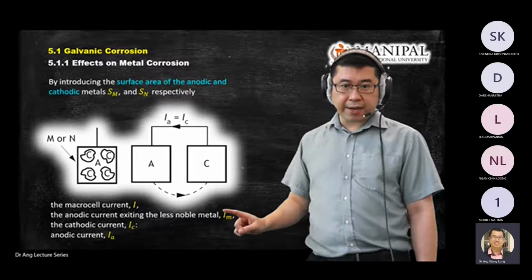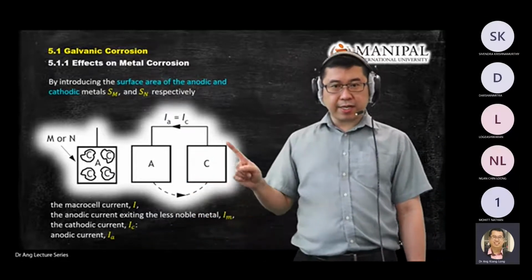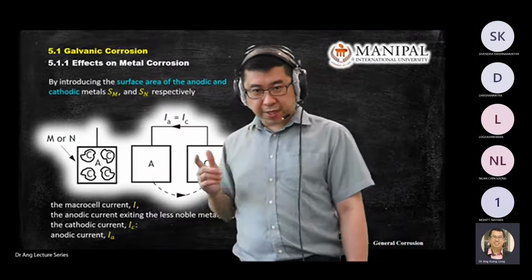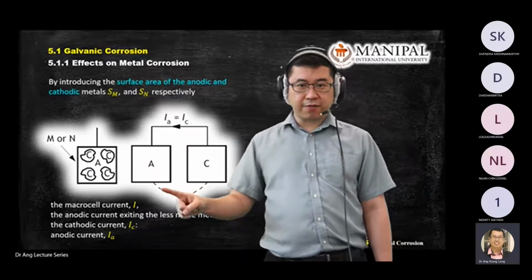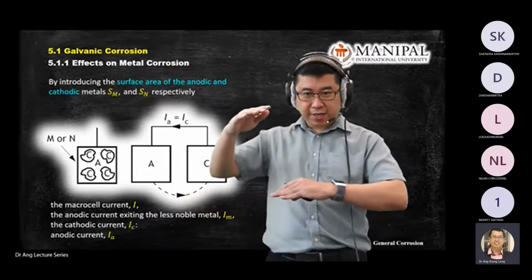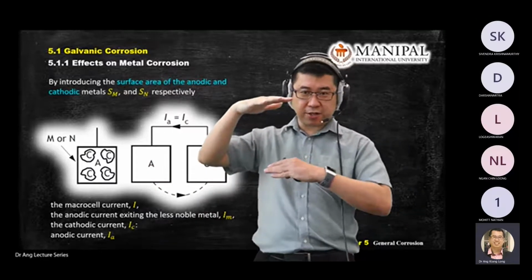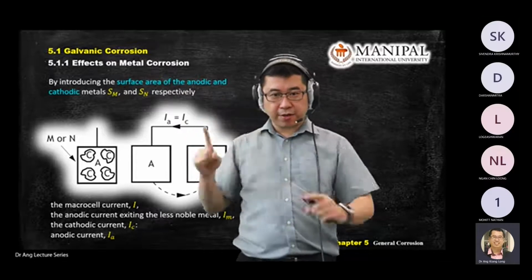So you have IM, IC, IA. So here you see that the current actually is opposite of electron transfer. Electron transfers from anode to cathode, right?